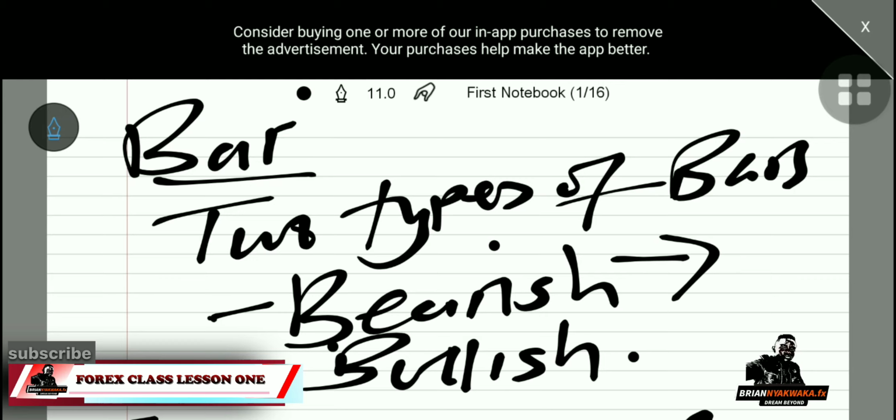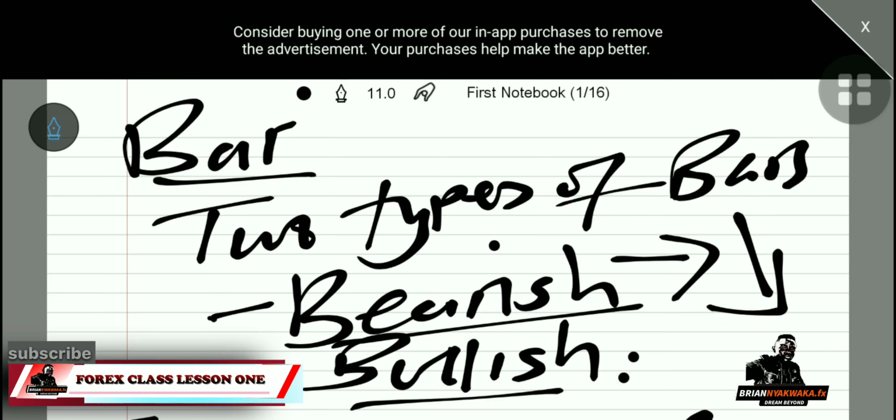So the moment you hear the word bearish, it means the market is on a downtrend. And bullish emanated from how bulls normally fight their enemies. They thrust their enemies into the air. So the moment you hear bullish, it means the market is on an uptrend.